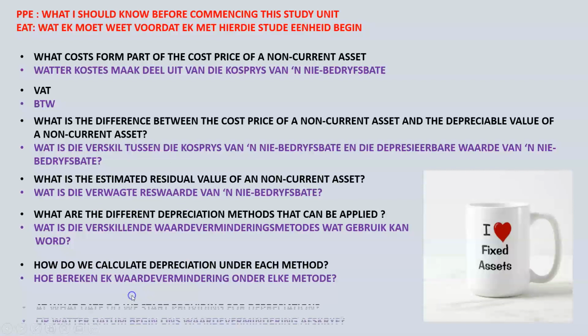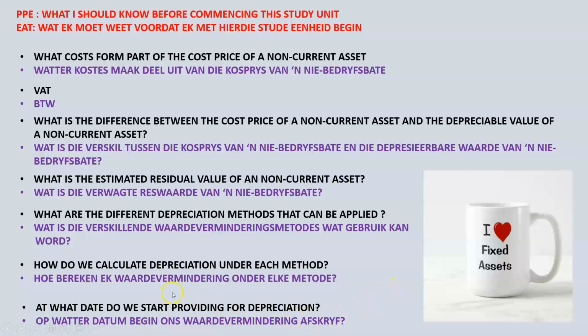Now, when do we start providing for depreciation? On the diminishing balance method and the straight line method, we will only start providing for depreciation after we've acquired an asset, at the date that the asset was ready to be used.